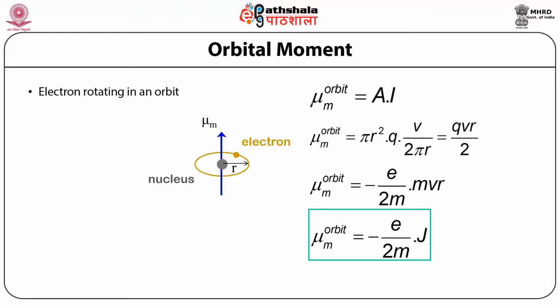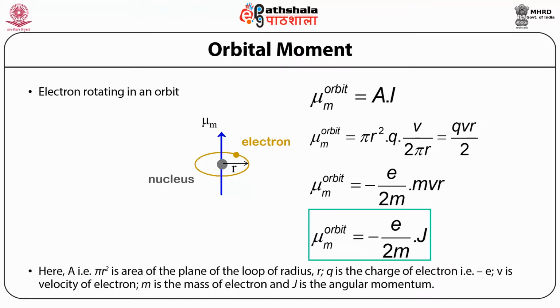Therefore, the orbital magnetic moment, which is represented by mu m orbit, is the product of current I and area A. Here area is pi r square and current, which we have discussed, is QV upon 2 pi r. So the orbital moment becomes mu m orbit is equal to e by 2m into mvr.